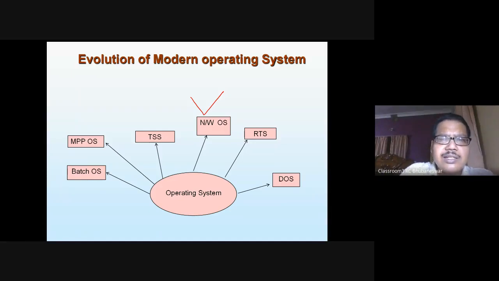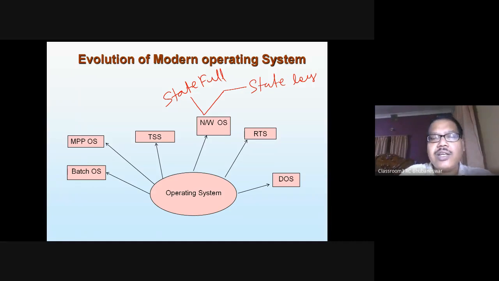And in this client server model, what type of server are you using, stateful or stateless? Now, stateful remembers everything.